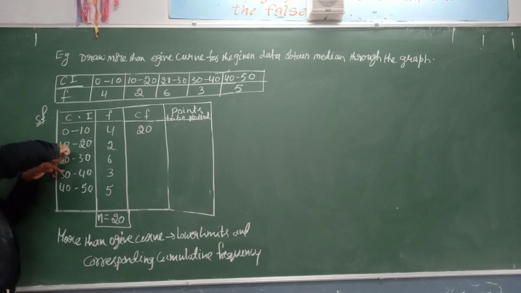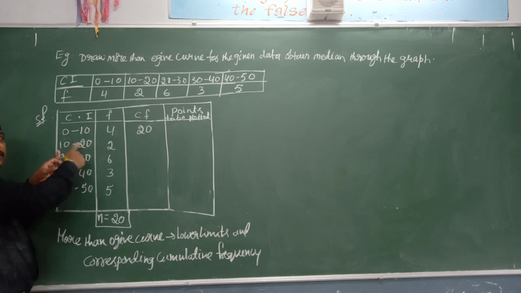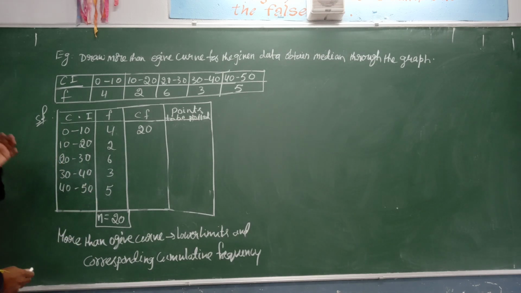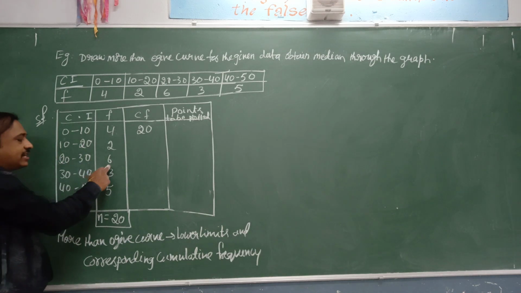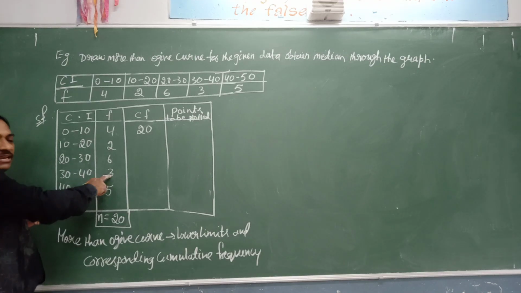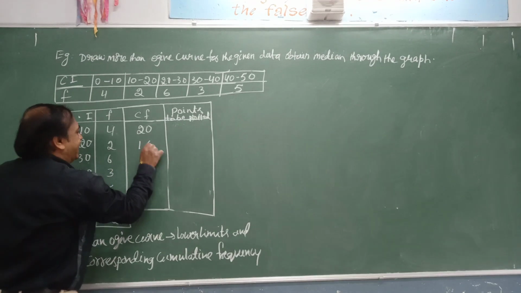Now more than 10 means we are not counting 4, because it is not more than 10. From here more than 10 will come, so this total: 6 plus 2 is 8, 8 plus 3 is 11, 11 plus 5 is 16.